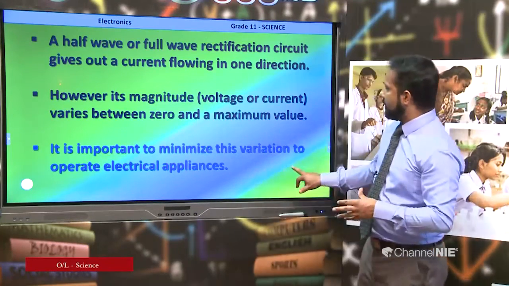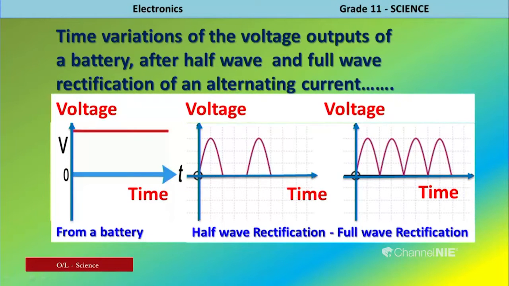The time variation of the voltage outputs of a battery, and after half wave and full wave rectification of an alternating current, can be seen using this graph. This is the variation of voltage over time from a battery. This is a straight line, direct current.